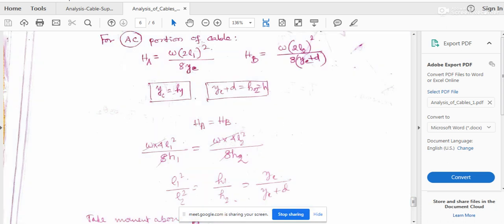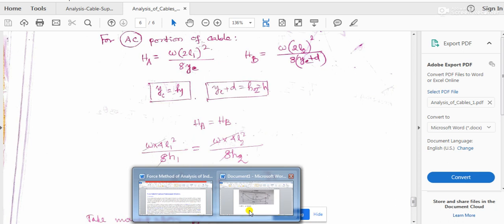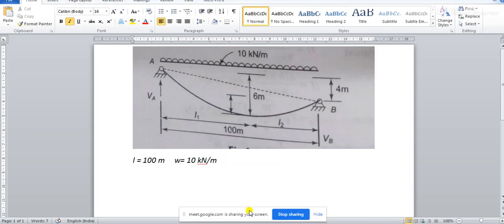So what is the equation for HA? Tell me, anyone can tell me what will be the equation for HA? How do I write it? What will be HA? Tell me.